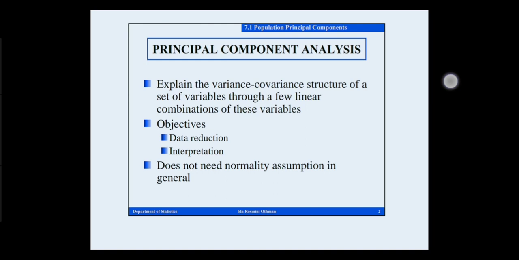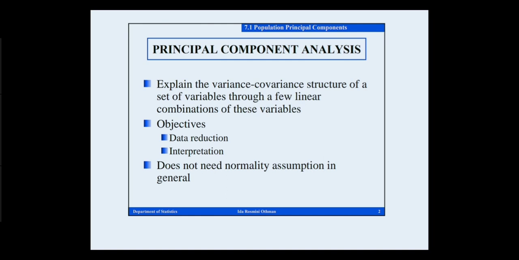So for principal components, we will explain the variance covariance structure of the set of variables through a few linear combinations of these variables. Okay, linear combination is not the same as variables, right? You have several linear combinations with several variables.